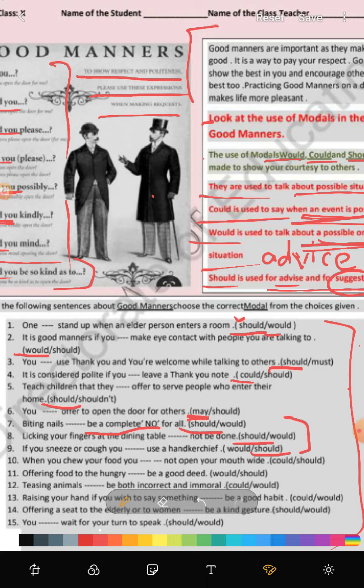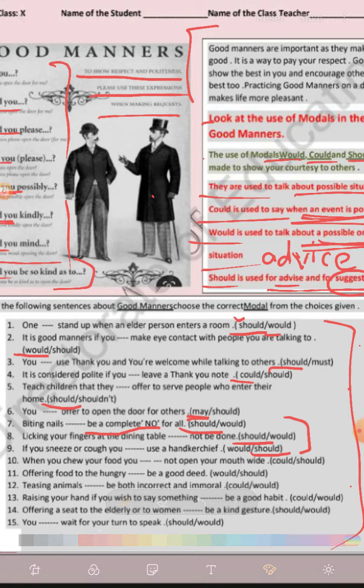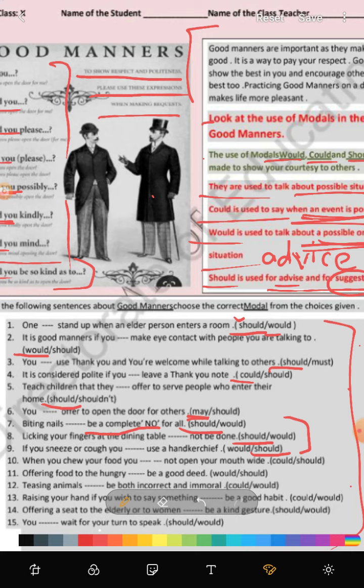So should is used for advice and suggestions where you are strongly putting up your point. You cannot use would here because would is used for an imaginary or possible situation. When you chew your food, you should not open your mouth wide. These are good habits and good manners where you should use should.